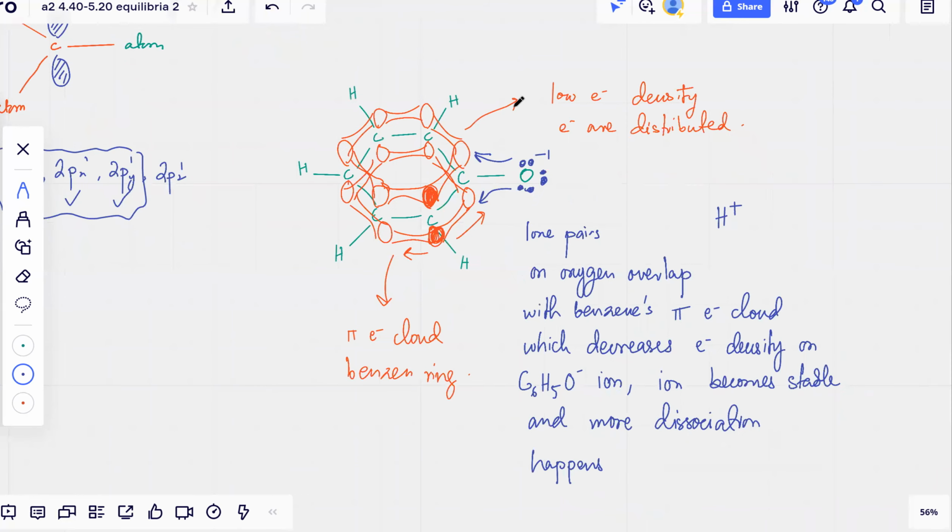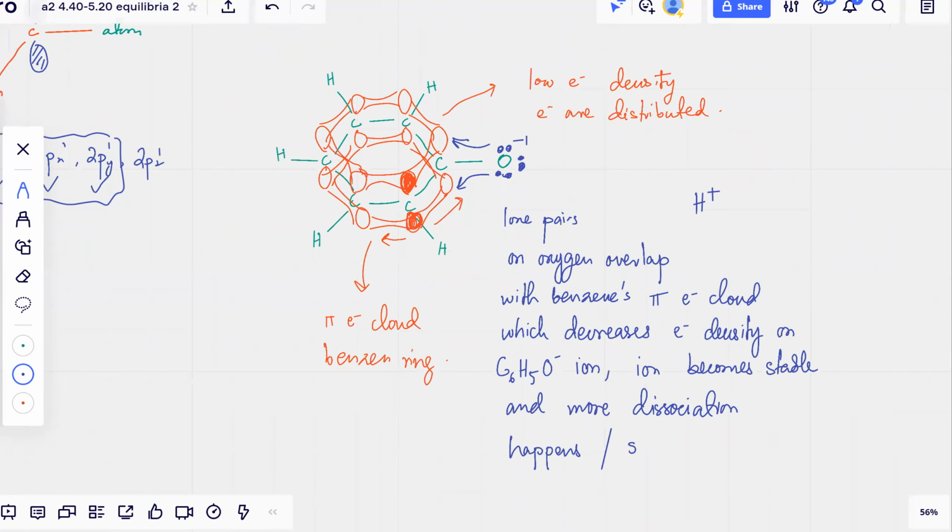So hence, it's a stronger acid compared to alcohols. So you've got a much stronger acid compared to alcohols.